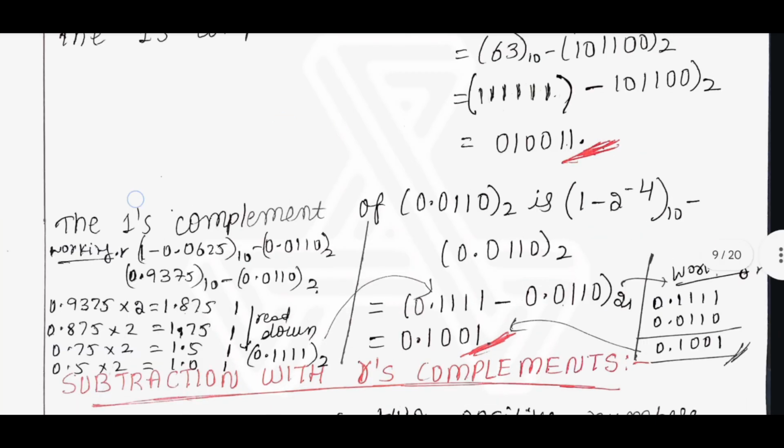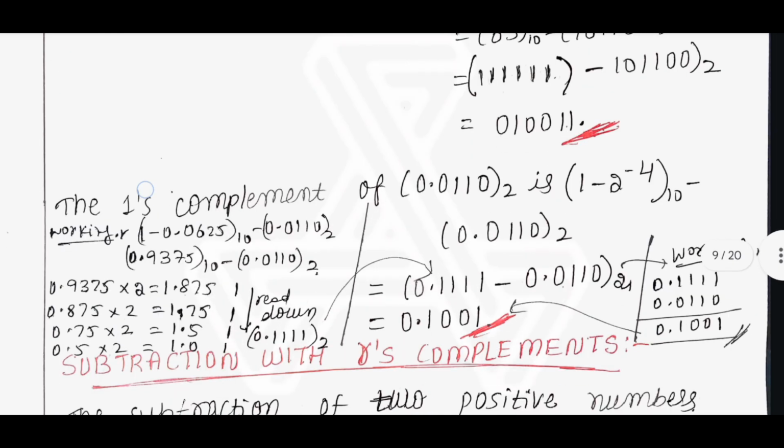We got the same. Now there is a decimal point here. How do we work with this?